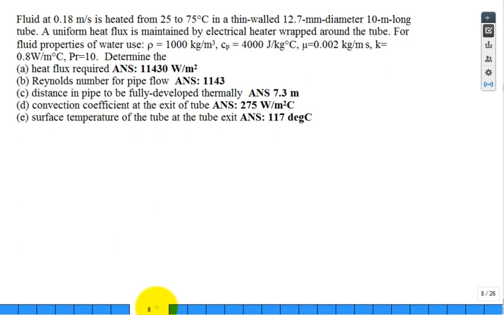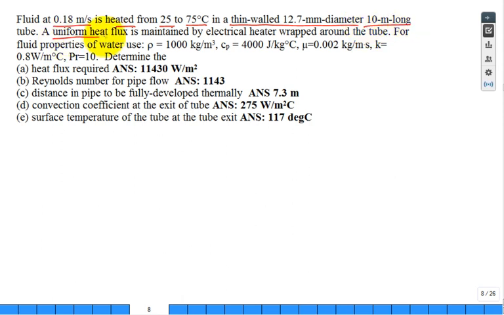Solve a problem. Fluid at a given flow rate is heated from 25 to 75 degrees C. So we know the inlet temperature and we know the exit temperature. They're really giving us the mean inlet and the mean exit temperature. The thin-walled tube has a given diameter and is 10 meters long.